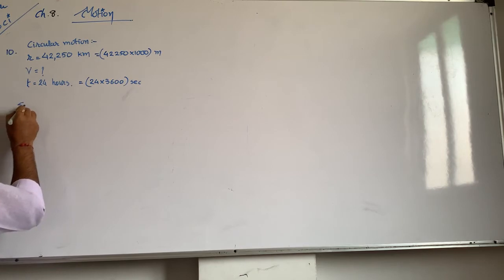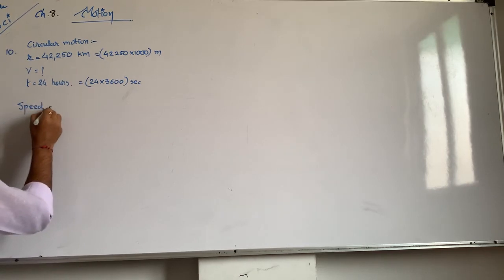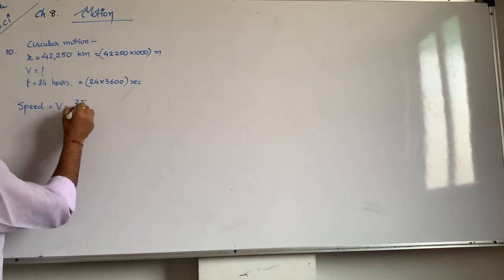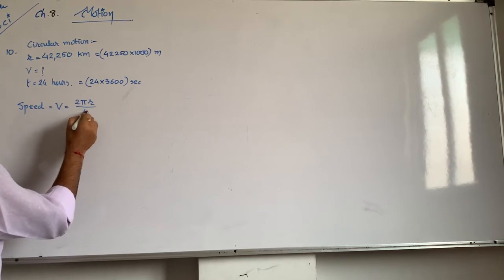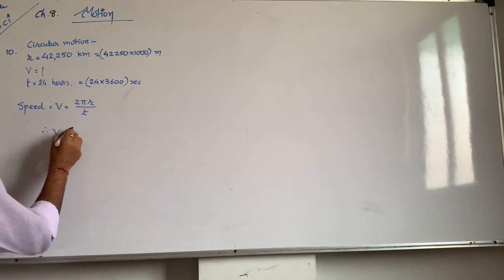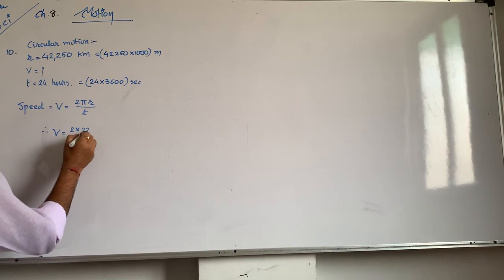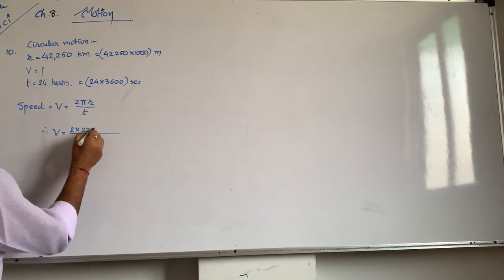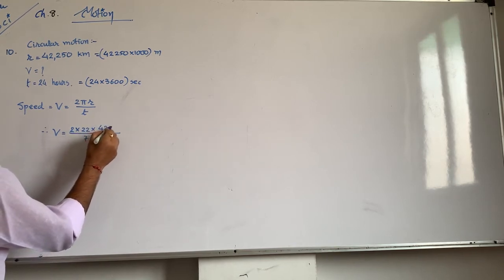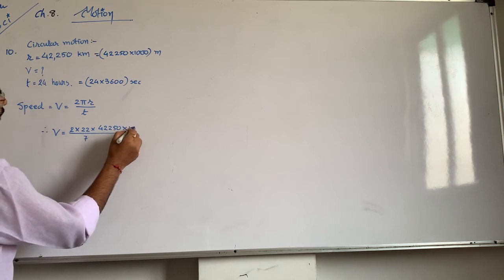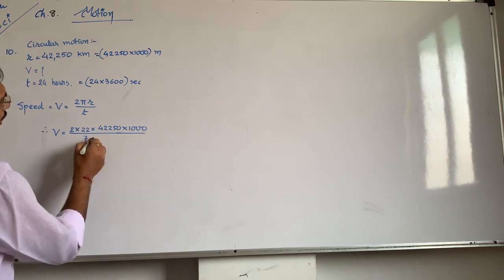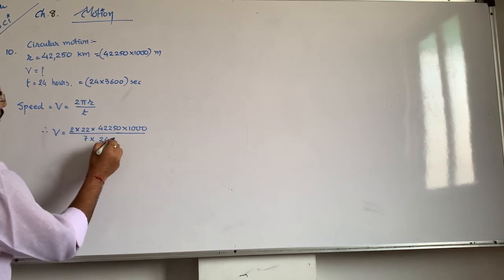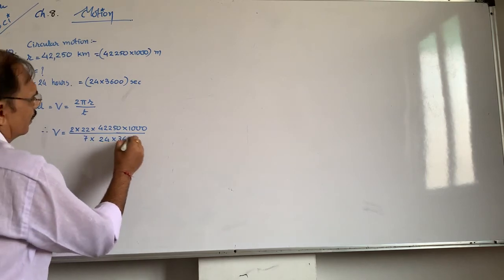What is the speed for circular motion? 2 pi r upon t. See the formula. Pi is not given, so 22 by 7. Radius 42250 into 1000, divided by time 24 into 3600.